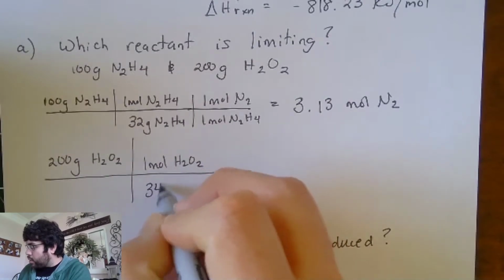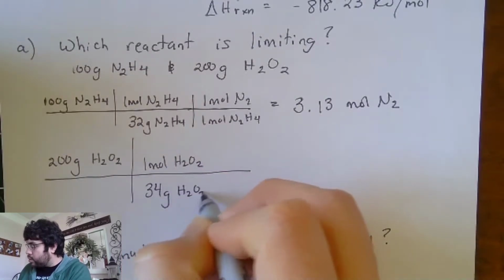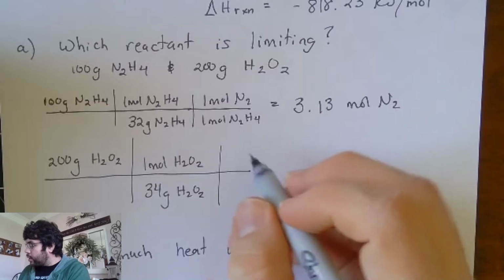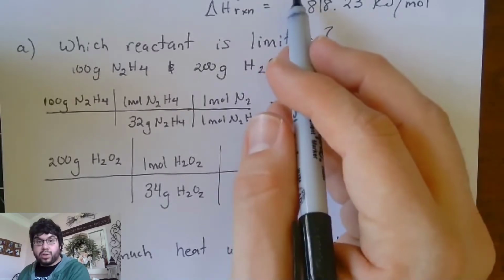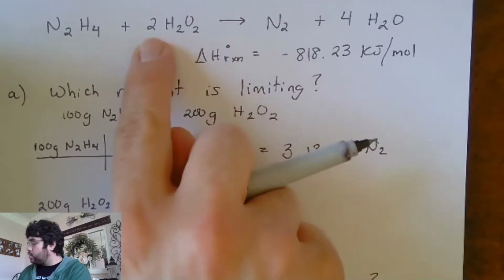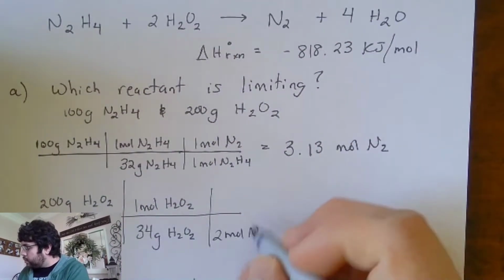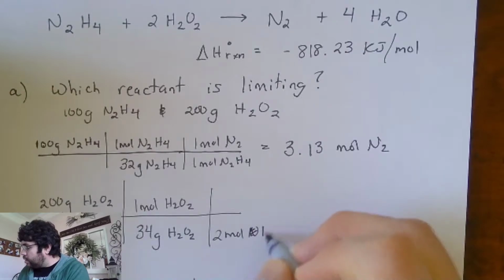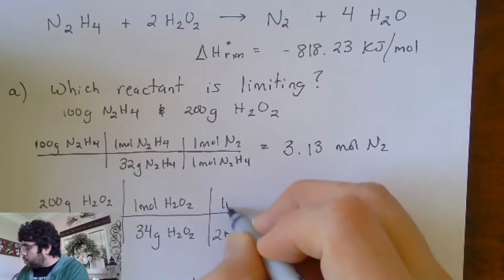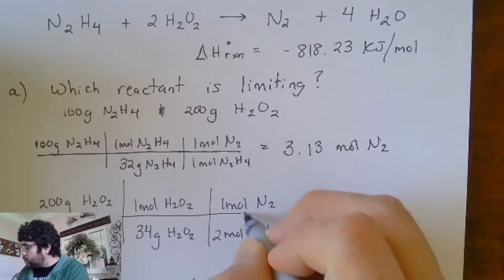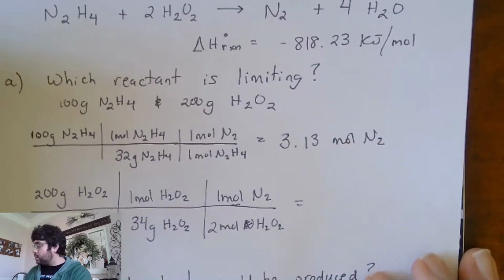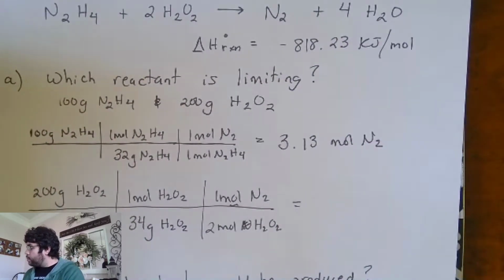So 34 grams per mole for H2O2. And then we're going to convert to N2. So the ratio is 2 to 1. So we're going to divide by 2. 2 moles of H2O2 to 1 mole of N2. Okay, so again, we're just going to compare how many moles of N2 could be produced.